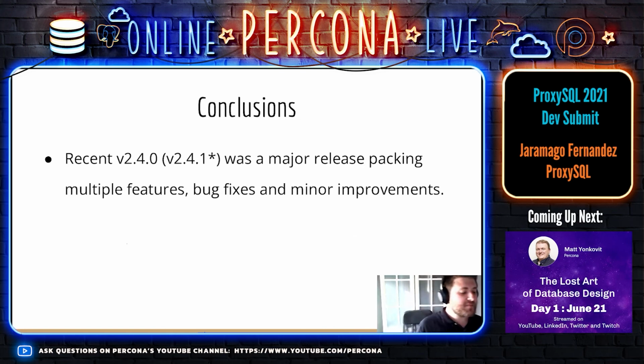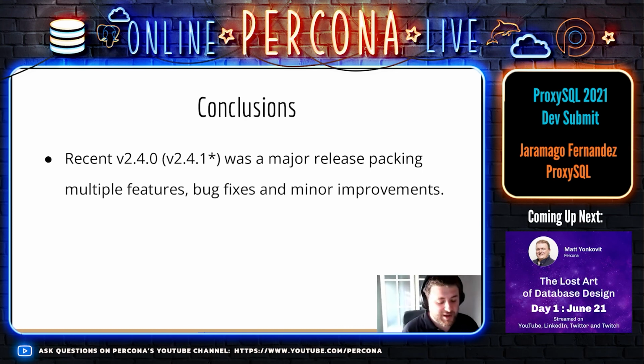So I am jumping now to conclusions. This is the list of features we had time to go through. As you have seen, there has been a lot packed into the most recent major release, ProxySQL 2.4.0, and I really encourage you to give it a try and check it out.